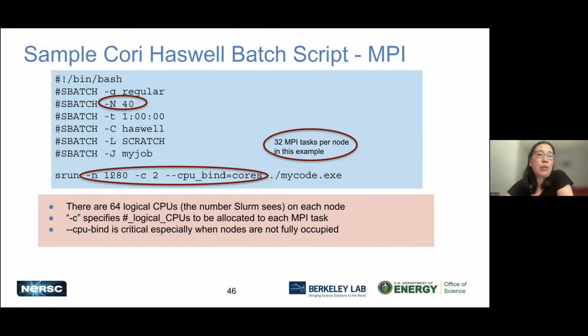In the previous example, we're doing 32 tasks per node. Because we have a total of 64 CPUs per node, each task will have 2 logical cores. This is where the 2 comes from. Then 32 tasks times 2 will fully occupy the 64 logical CPUs on the Haswell node.